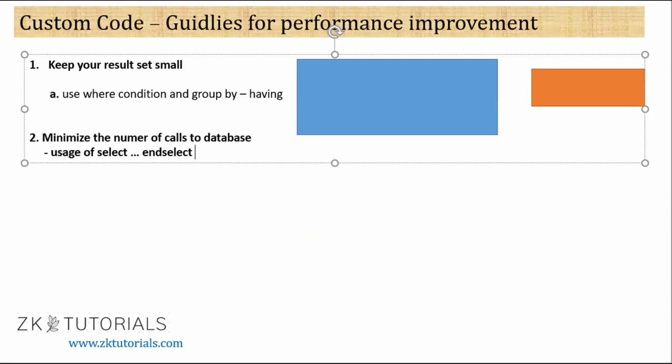When you do a loop and within that loop you are doing the select query, for example, if the loop runs 100 times, then your application layer will go to the database layer 100 times. Are you thinking how bad the performance will be? Inside the loop, don't use this. Avoid the usage of select within select.